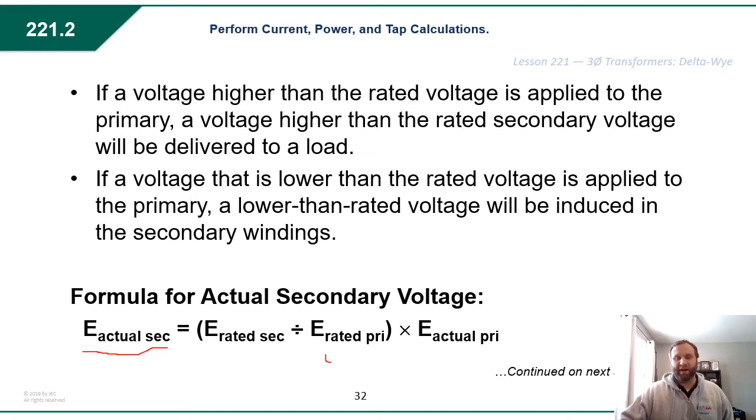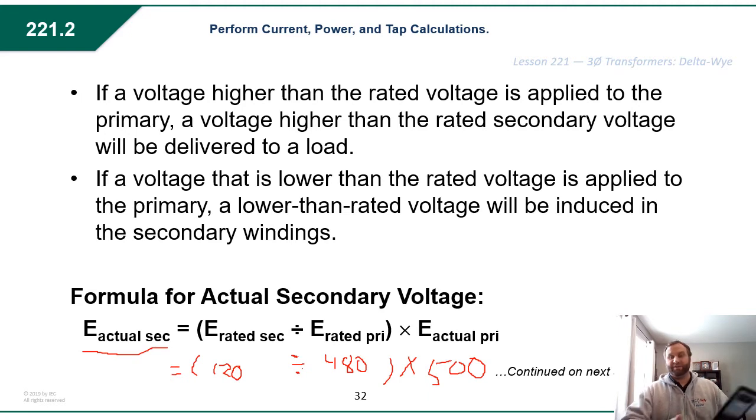So if I had a 480 to 120 volt transformer, I put 480 here, 120 here, divide them, take that answer, and multiply it by the actual primary. Now if my actual primary was, let's say, 500, not 480, what would my actual secondary be? Well, then I would just take 120 and divide it by 480.